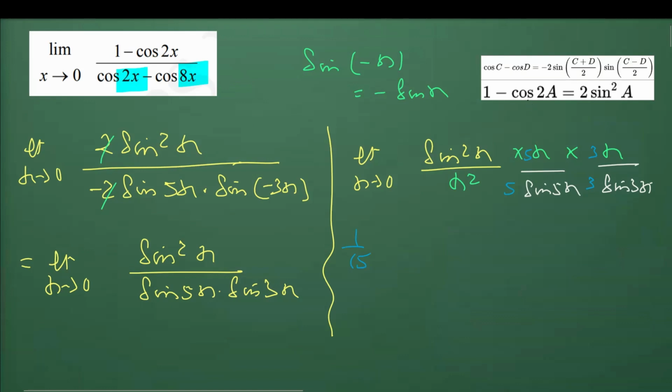And what else? We have limit x tending to 0. What can you write this part as? We can write this part as 1, since 1 square is 1, multiplied by, what about this? I'm talking about after taking out 5 common. This can be written as what? Including this 5x, this is 5x over sine 5x, so that will give you 1.